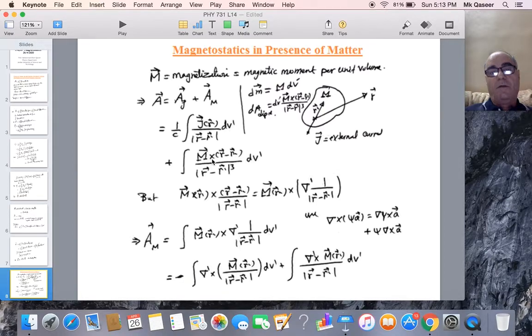So we have M cross (r minus r prime) over |r minus r prime| cubed dV prime. This can be converted into this form using this identity, which also can be converted into this form using this identity. We get these two expressions for that.